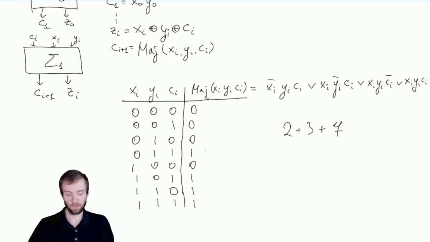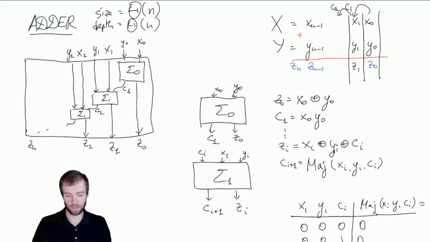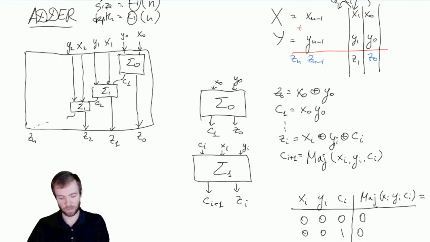And so we have at most 12 elements in this function, and as well we'll have at most 12 elements in the circuit that computes the XOR of xi, yi, and ci. So we can immediately see that the size of this circuit, sigma 1, does not exceed 24.